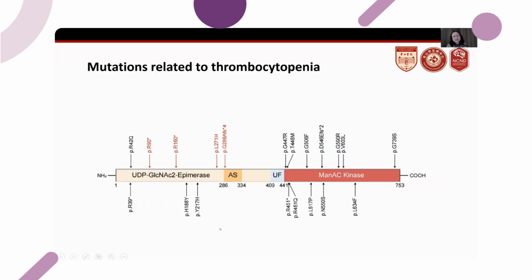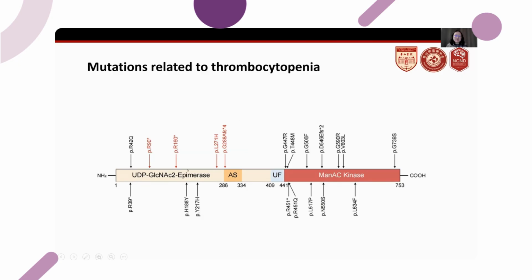So what makes us not fully understand is that previously, it was reported that there is a rule for GNE myopathy with thrombocytopenia. That is, most of the patients will have at least one mutation in the kinase domain to get thrombocytopenia.